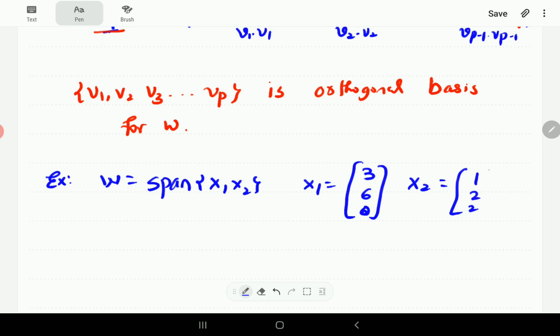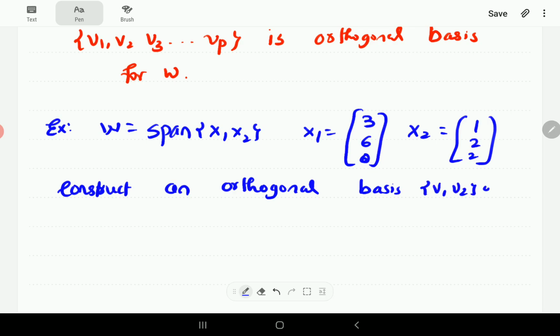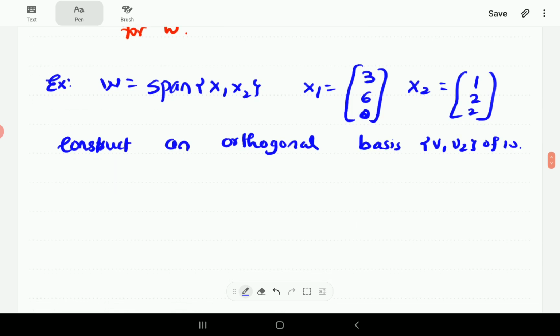Construct an orthogonal basis v1, v2 of W. Sometimes they may ask for an orthogonal basis, sometimes an orthonormal basis. When they ask for an orthogonal basis, we can just do the Gram-Schmidt procedure and find it. When they ask for orthonormal, then we have an extra step to follow, that is dividing by the norm.